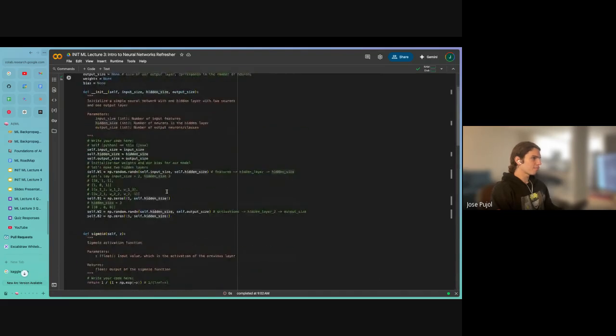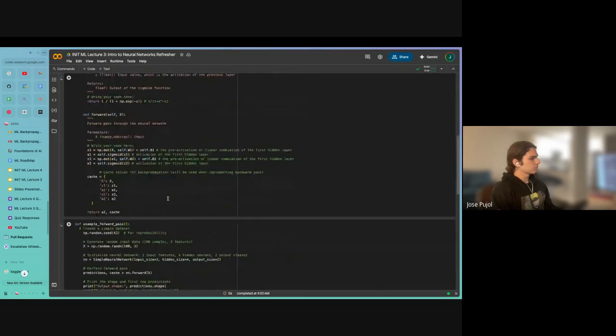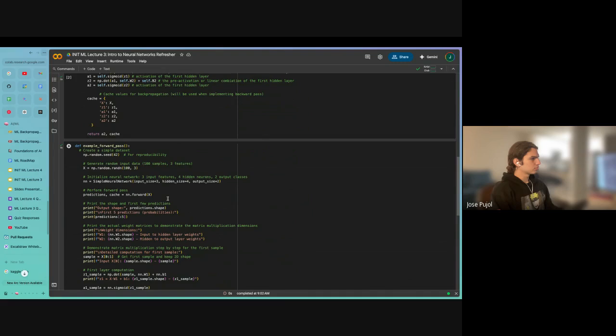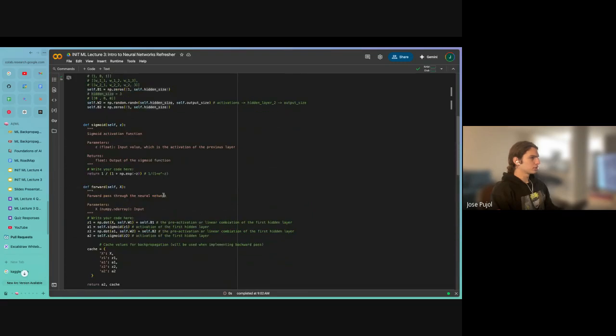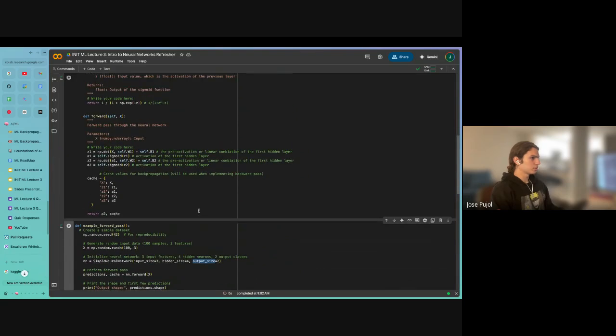Did I make the random three features? But what did we specify here? Yeah, input size of 3, hidden size of 4, output size of 2.